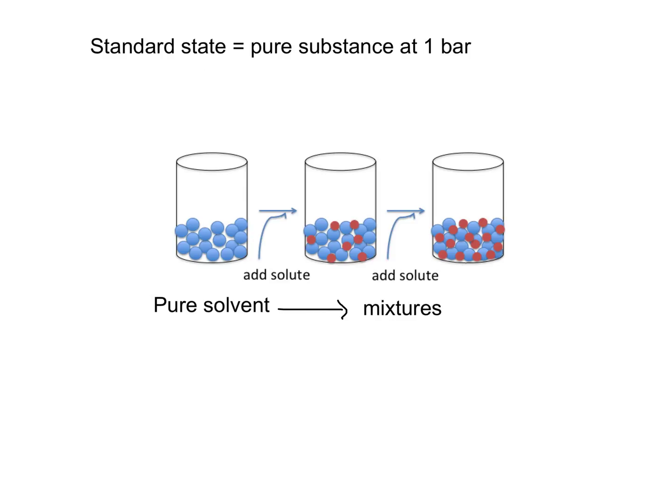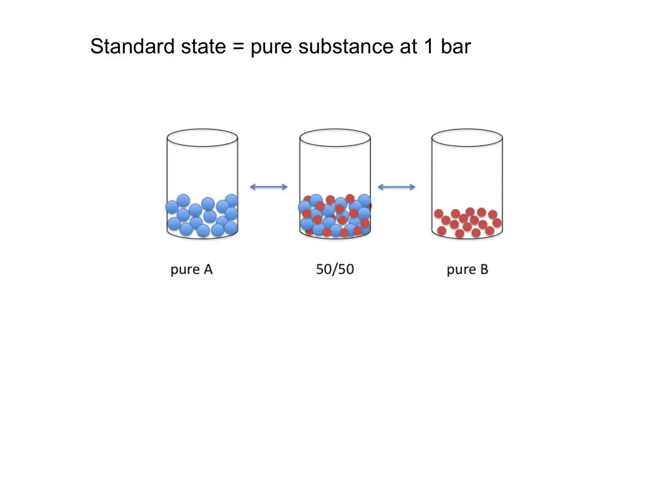But what about the solute molecules? If both of my mixture components are liquids and they're miscible, I can start with pure A and add red B molecules to that until I get to a 50-50 mixture. Or I can start with pure B and add A molecules until I get to a 50-50 mixture.